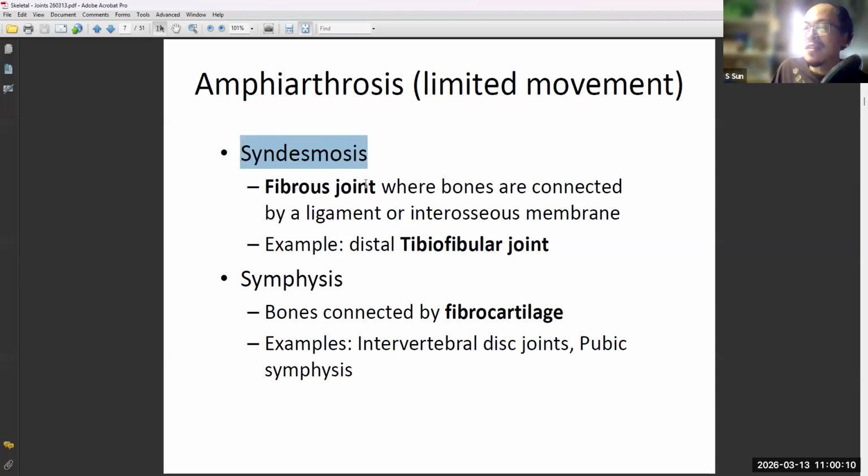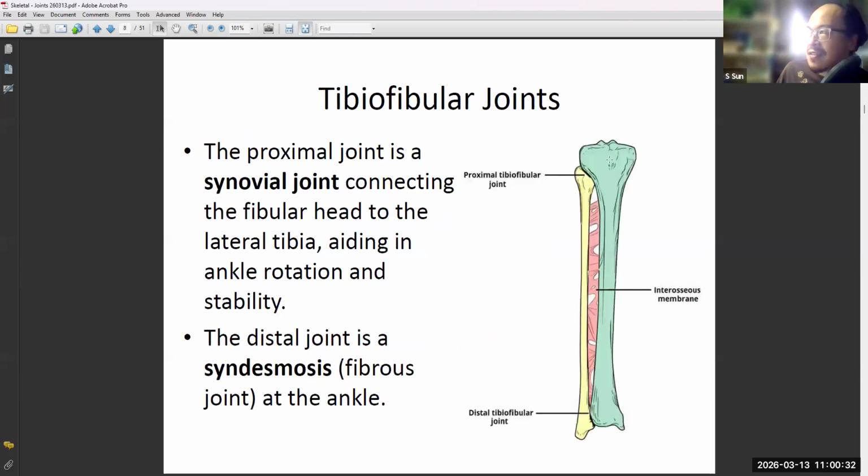One example, fibrous tissue right here, is the joint between the tibia and fibula. It's called the tibiofibular joint. Does it ring a bell? Do you guys remember what the tibiofibular is? So let me show here. This is the tibia.